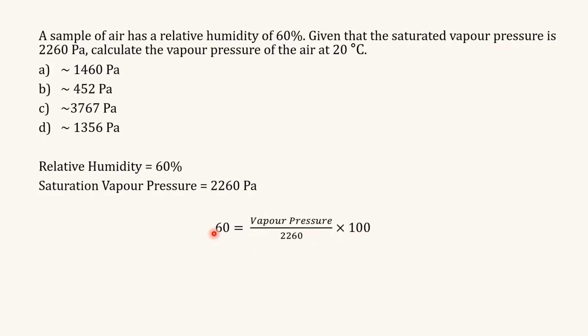Putting in the values, vapor pressure is equal to 60 into 2260 divided by 100. For simplifying, I have written 0.6 into 2260. Calculating it gives us 1356. So the fourth option is the correct answer, that is 1356 Pascal.